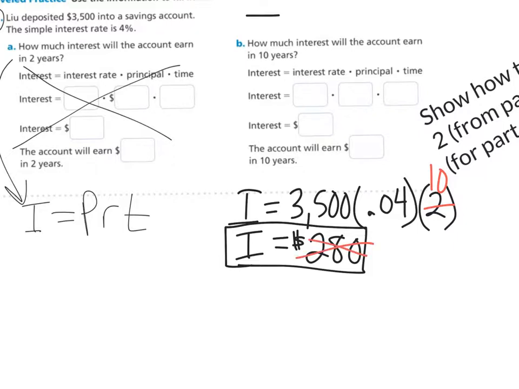What you can actually do on your calculators, if you have the calculators we mostly are using, if you just got your $280, you can just do your up arrow on your calculator, and then you can change the 2 to a 10 and then hit enter, and then you can get your new value.